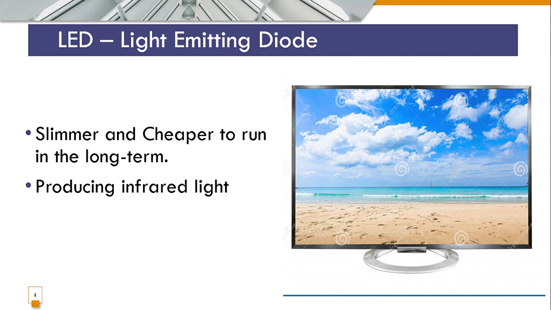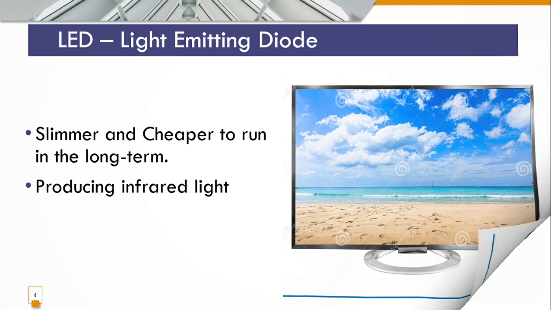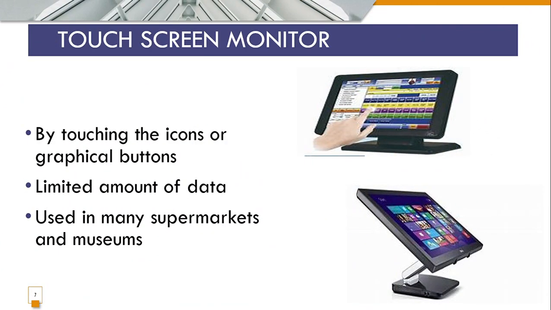Then the last one is touch screen monitors. Here a touch screen is a special monitor which allows the user to input information by touching the icons or graphical buttons present on the screen. One can enter only a limited amount of data by using touch screen technology.